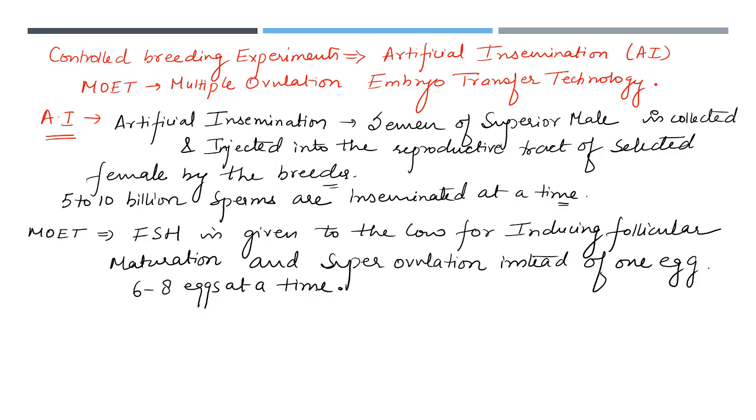The cow is either mated with the best bull or artificially inseminated.